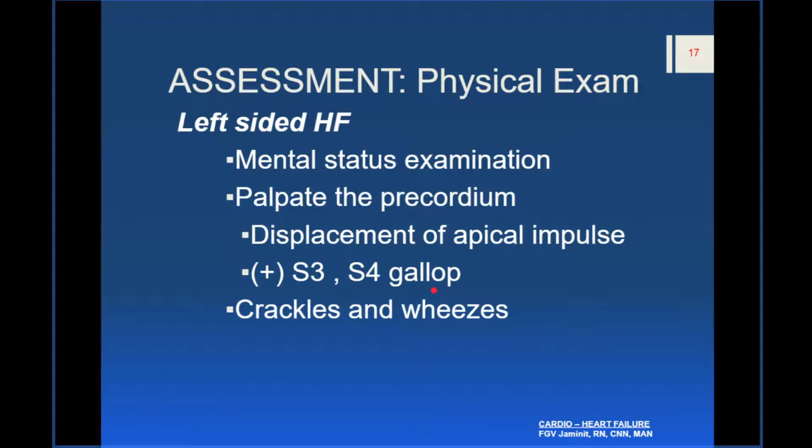We note that the normal apical impulse location is at the 5th intercostal space of the left side of the chest, mid-clavicular line. Okay, always remember that the PMI is located at the left side of the chest, 5th intercostal space, mid-clavicular line. So there could be presence of S3 and S4, which are ventricular gallops or ventricular murmurs.